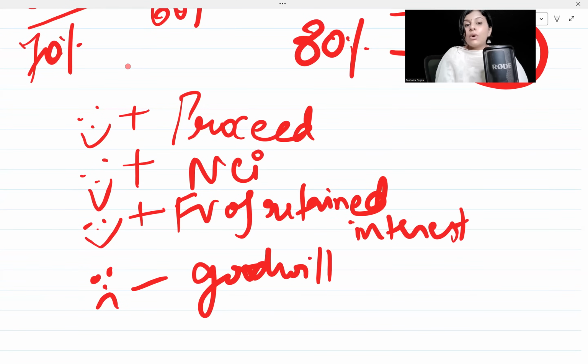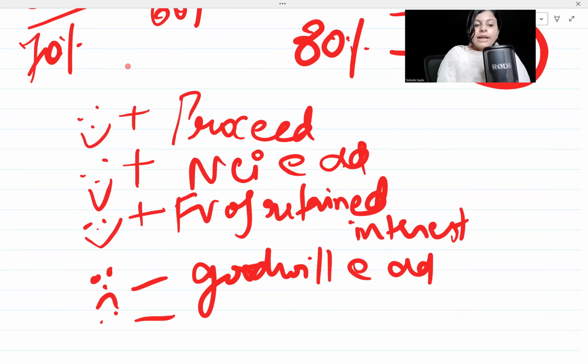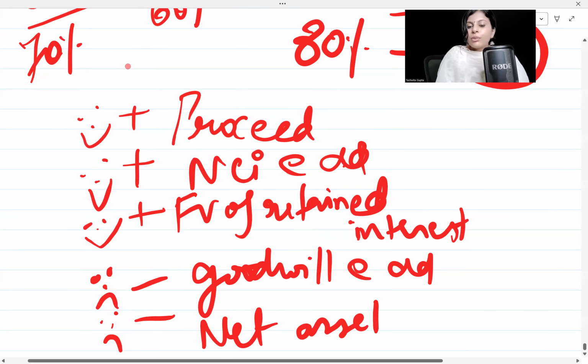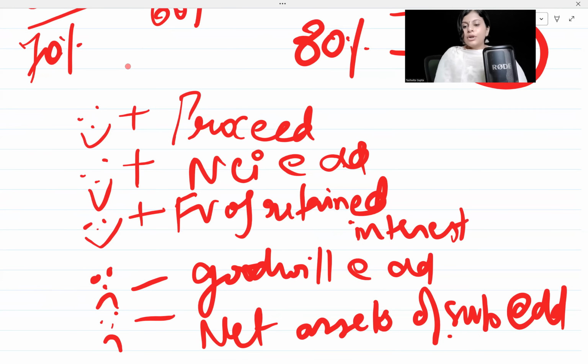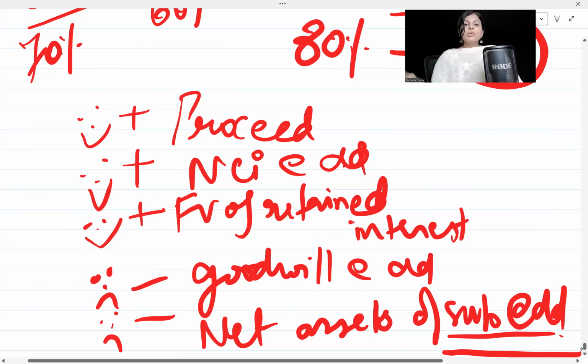And this is all at disposal date. NCI at disposal date, goodwill at disposal date. Then I'm sad about the net assets of the subsidiary. So I'm going to deduct that at disposal date. So this is my formula for total group profit or loss on disposal.